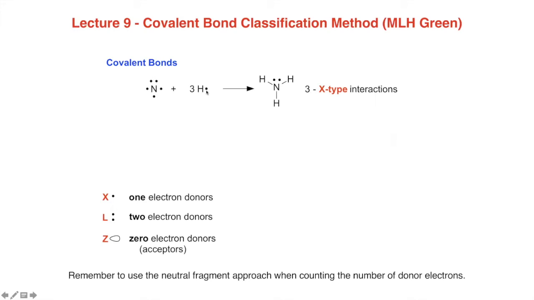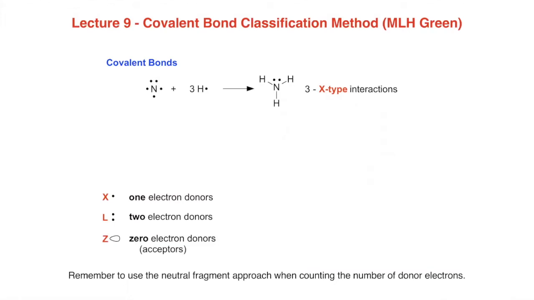Say in this example, we have an ammonia molecule made up of a nitrogen with 5 valence electrons and hydrogens with 1 valence electron each, and they pair up, and that combination of electrons gives rise to what are called X-type interactions. X-type interactions are where the ligand, in this case a hydrogen, contributes 1 electron to the bond.